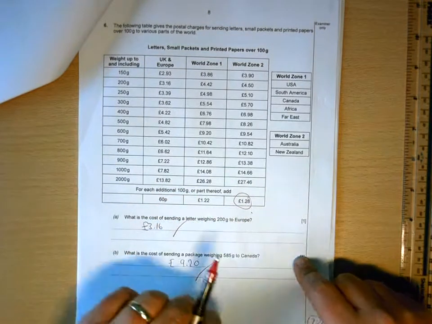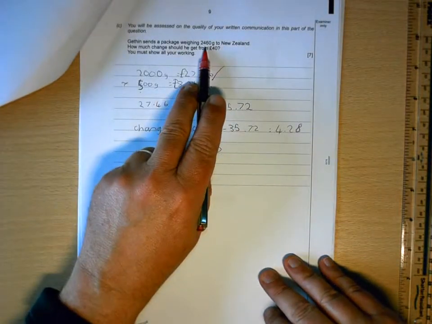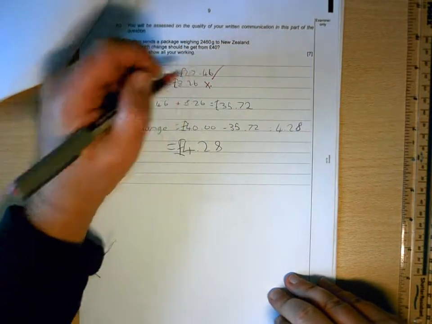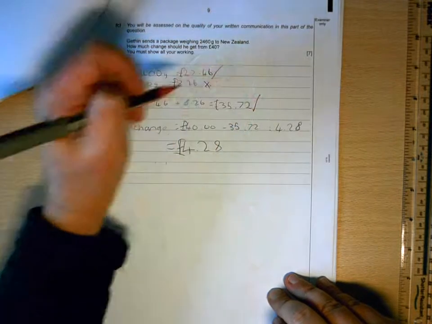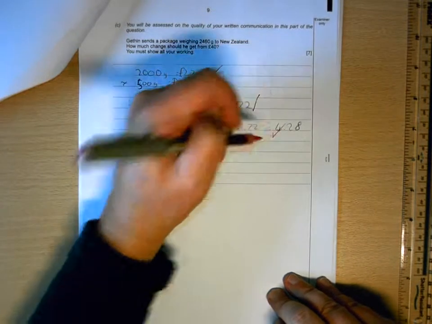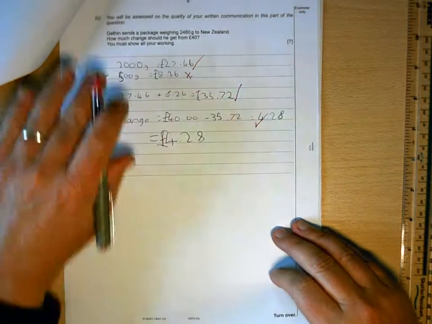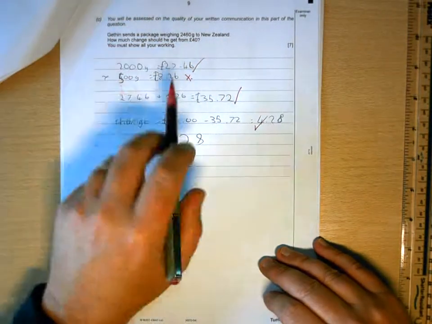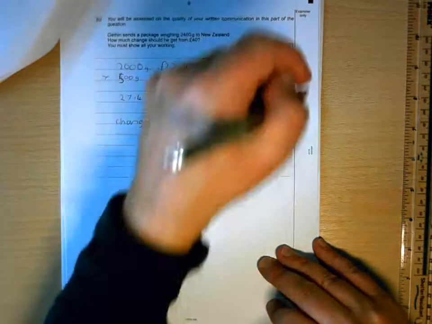It's that one that we're looking for, and we've got 500 grams worth. So that bit is wrong. You then correctly added those together and correctly subtracted them. So for the 5 marks that are available for the maths, you're going to lose 1 of them for that part.